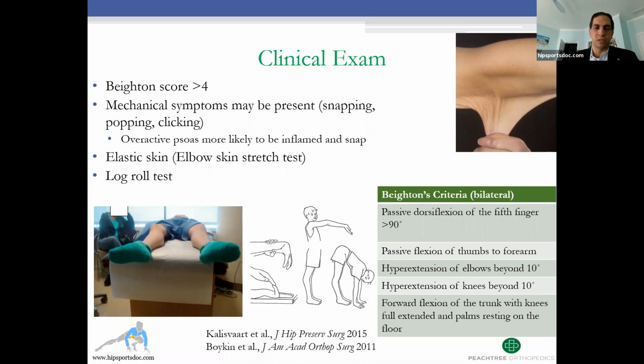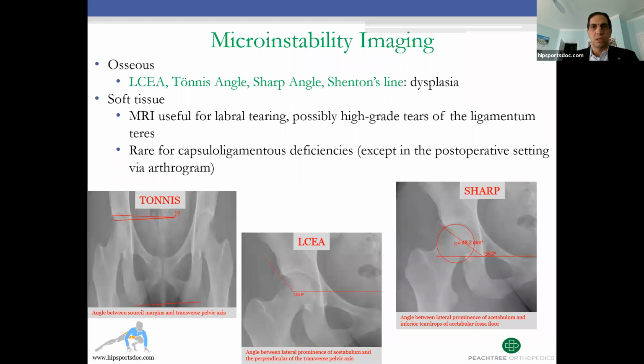Obviously in these patients, looking at factors beyond just the soft tissues, such as the bony stability and bony alignment is important. So in terms of imaging, this osseous imaging is really based on x-rays. Additional studies can be performed, such as a CT or MRI, with the CT being the more helpful.